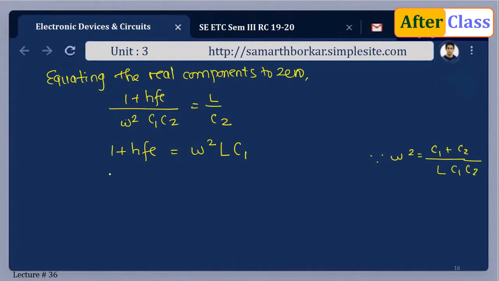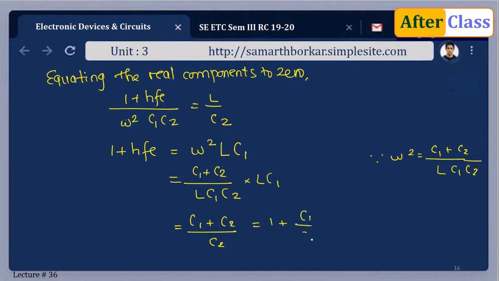So we can write this as 1 plus hfe equals to C1 plus C2 upon L C1 C2 into L C1, which equals to C1 plus C2 upon C2, or 1 plus C1 by C2, or hfe is C1 by C2. Fine.